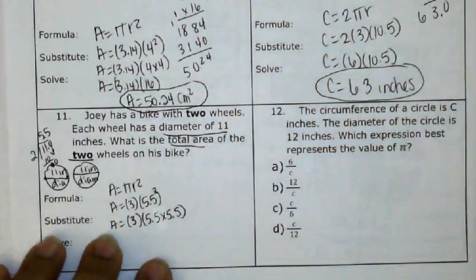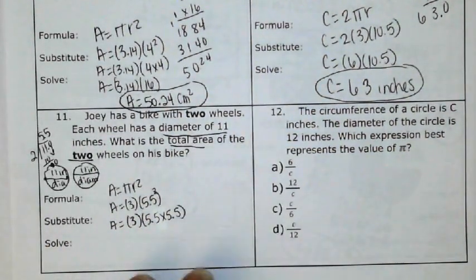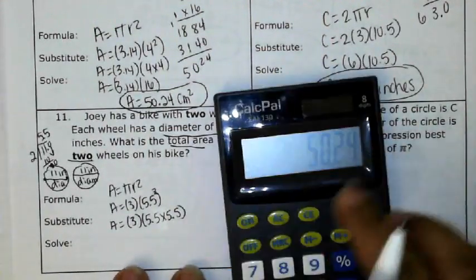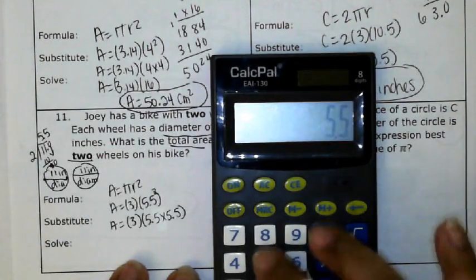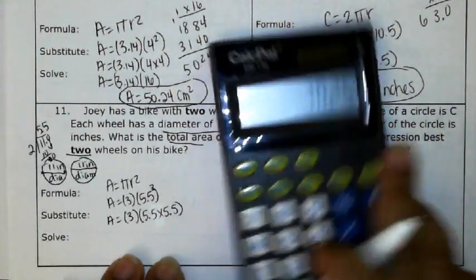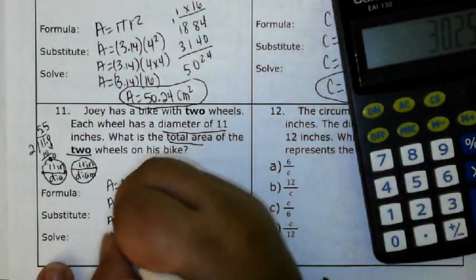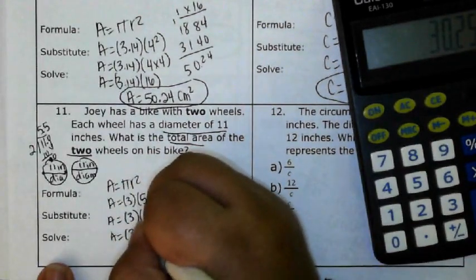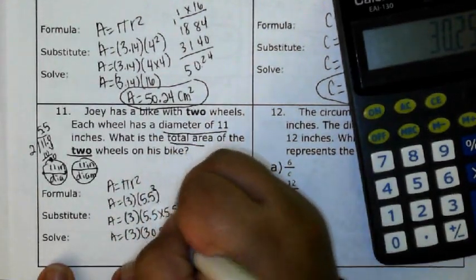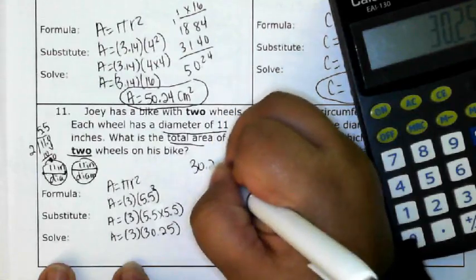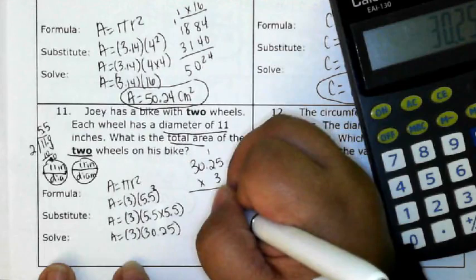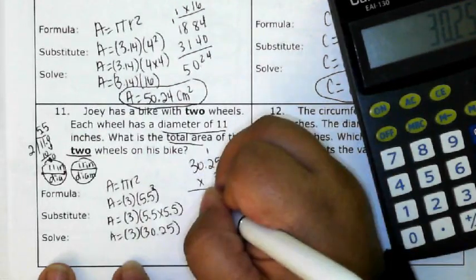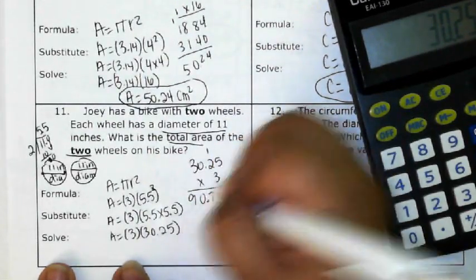I'm going to do 5.5 on my calculator just to make it a little bit easier, okay? 5.5 times 5.5, and it's more so for time purposes. Area is equal to 3 times 30.25. Now all I have to do here is 30.25 times 3. 5 times 3 is 15, 6, 7, 0 times 3 is 0, 3 times 3 is 9. Right now what I have is 90.75 inches.